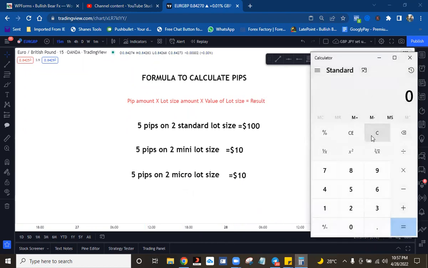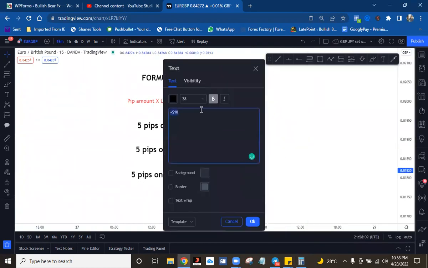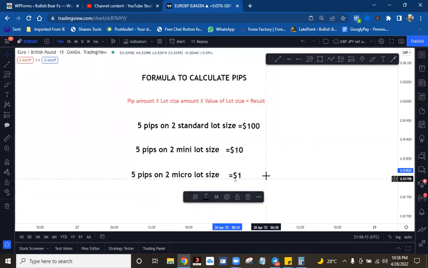The same formula: your pip amount, 5 pips, times lot size amount, 2, times the value, 0.1, equals $1. So I'm risking just $1 on this trade.